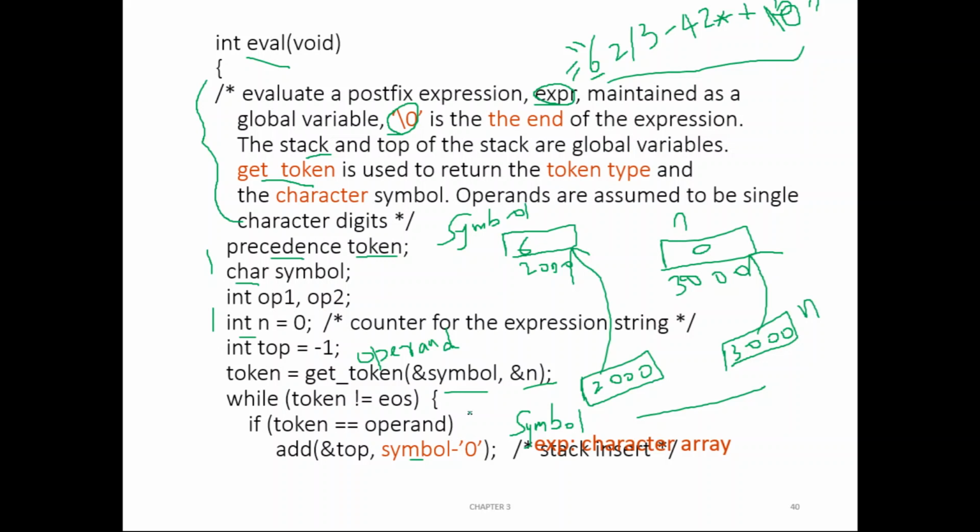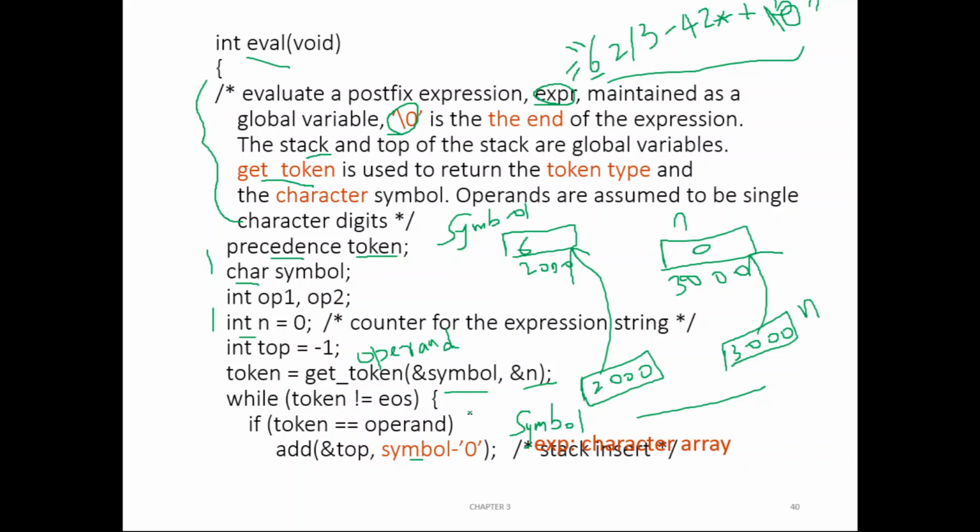Character 0 represents the ASCII value of 0. What is the ASCII value of 0? I think the ASCII value of 0 is 63 or something.